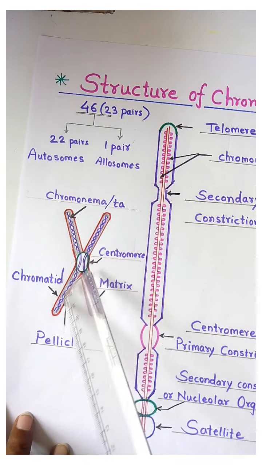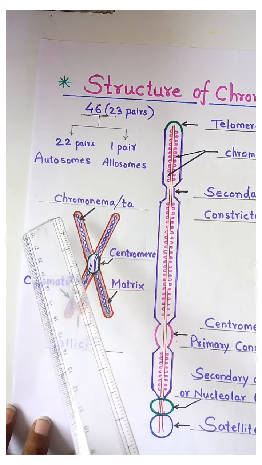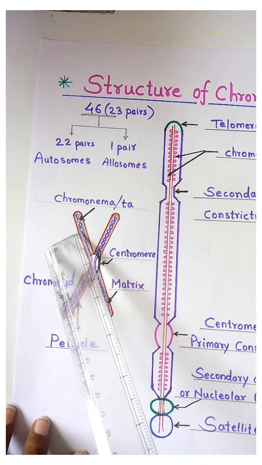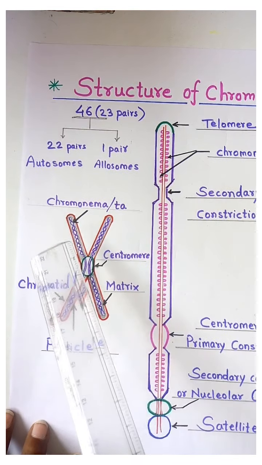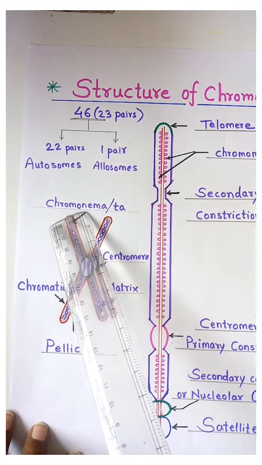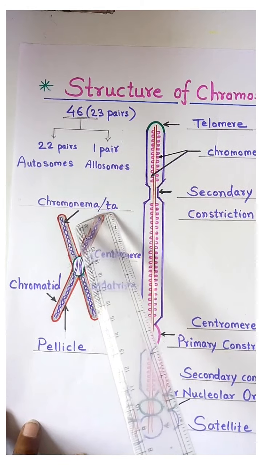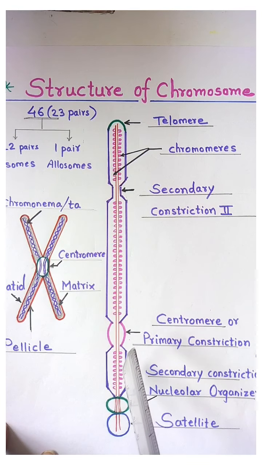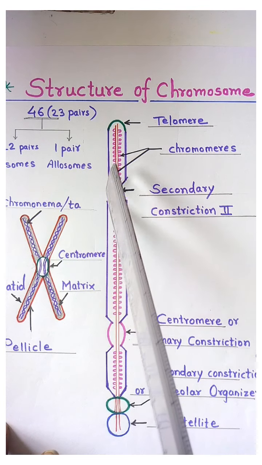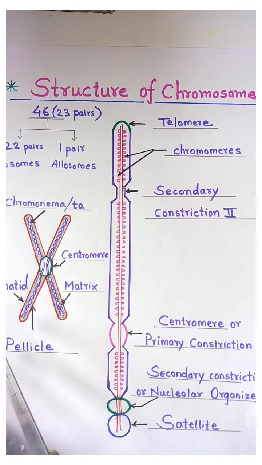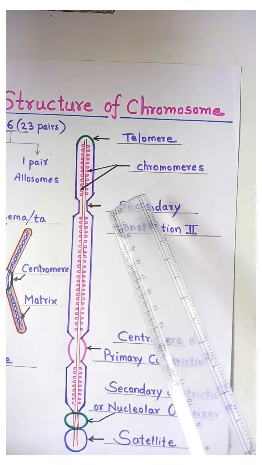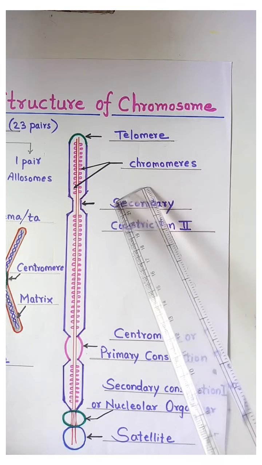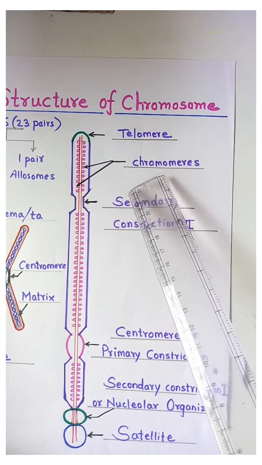This chromatid consists of highly coiled double-stranded DNA. So this is the DNA that is present in the chromatid and it is called chromonema or chromonemata. Or the central coiled part of chromosome is called chromonema or chromonemata. Then comes the next part of chromosome, which is called chromomeres.